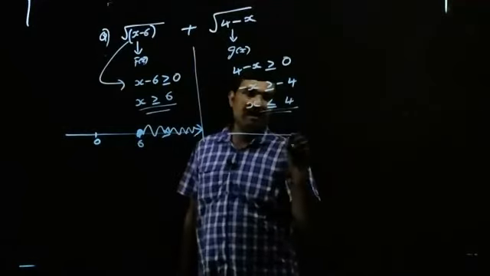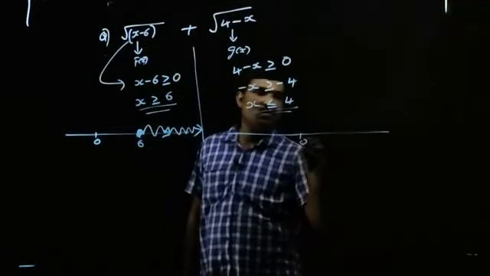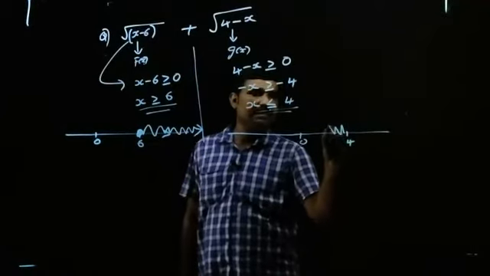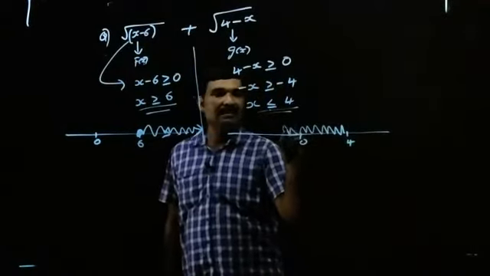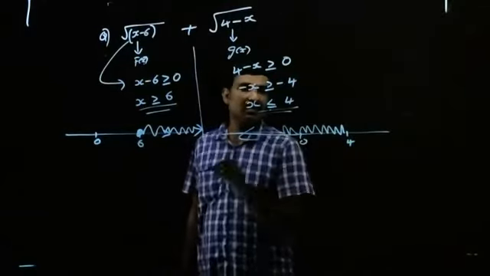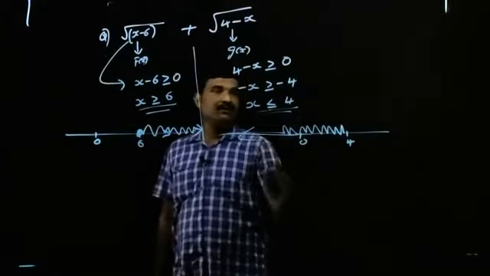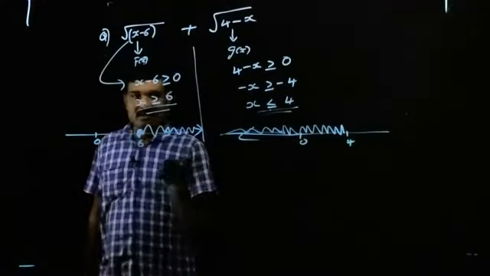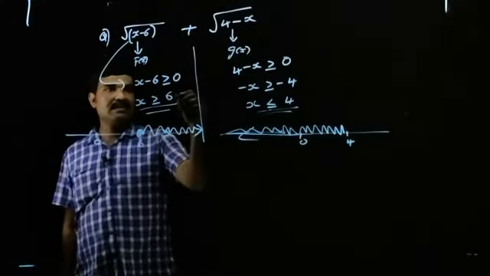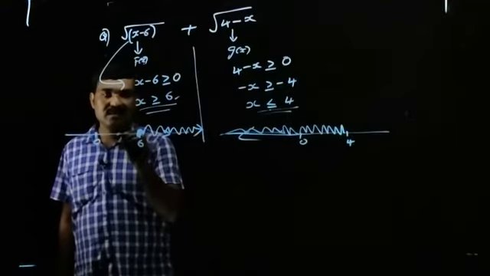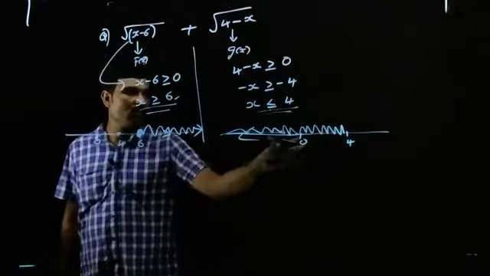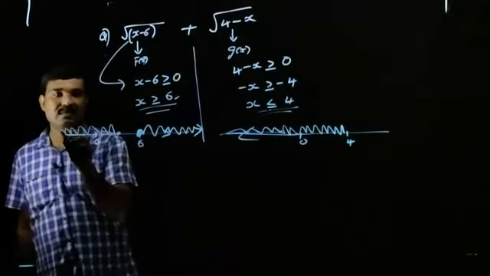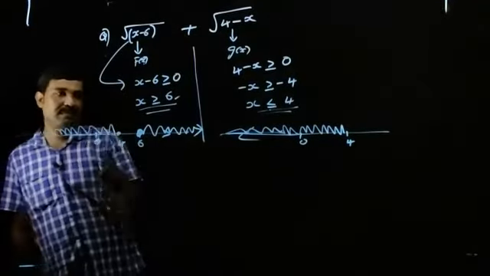On the number line, we mark 0, and this is 4, so all the values less than or equal to 4 form this region. For f of x we have x greater than or equal to 6, and I'm marking 4 here for this section.